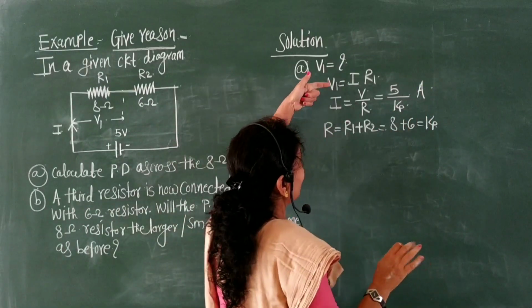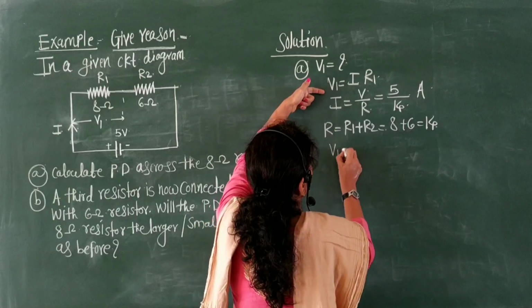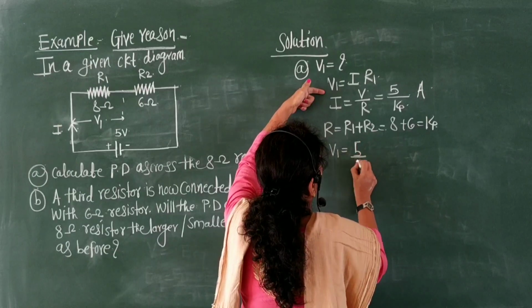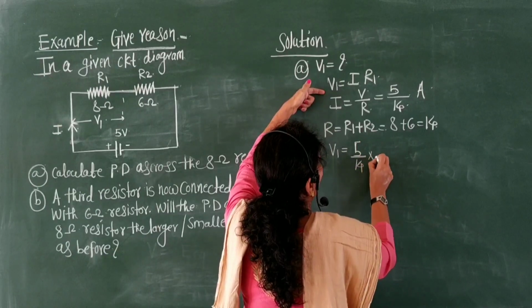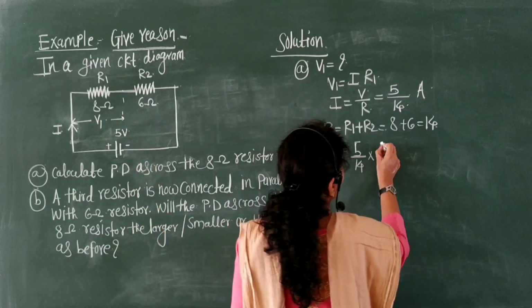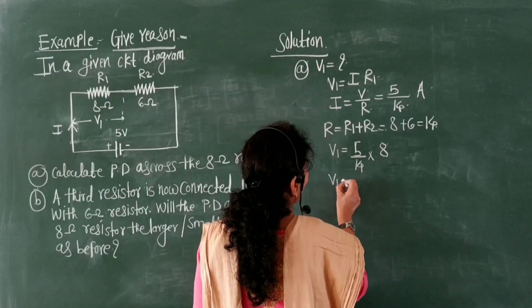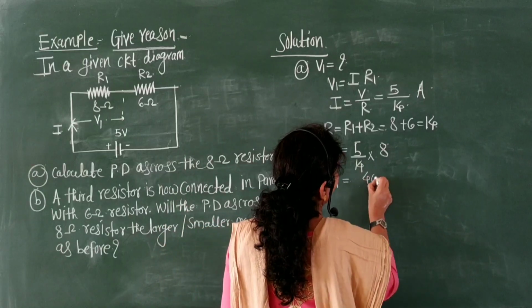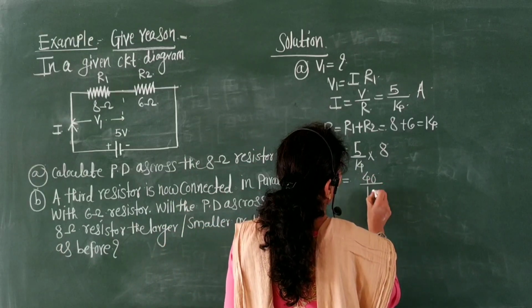Then you calculate V1. V1 is equal to I, the value of I is 5 upon 14, into R1. R1 is 8. Therefore, V1 is equal to 5 into 8 is 40, 40 upon 14.